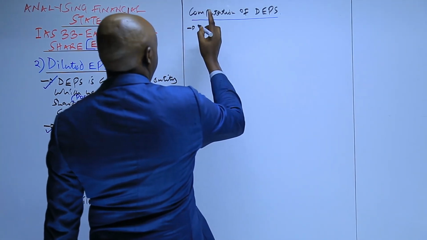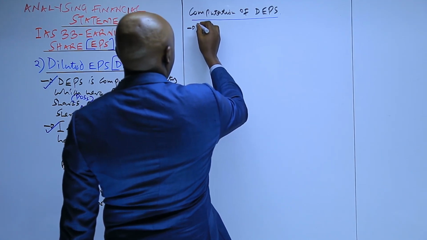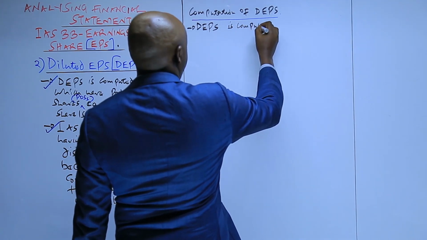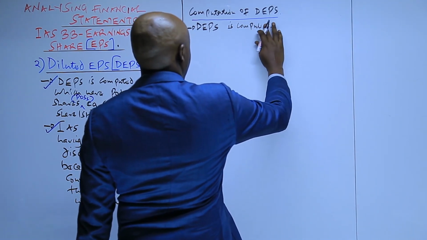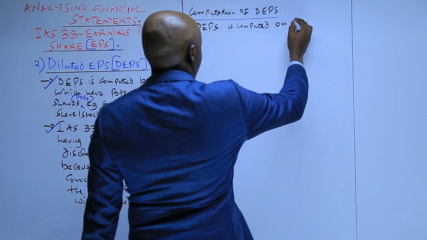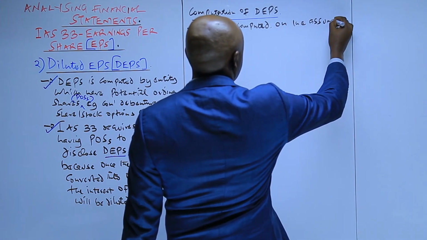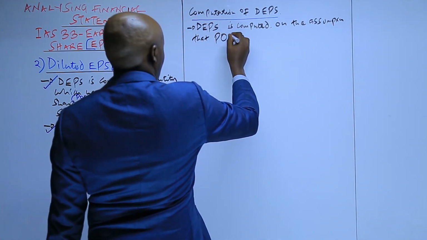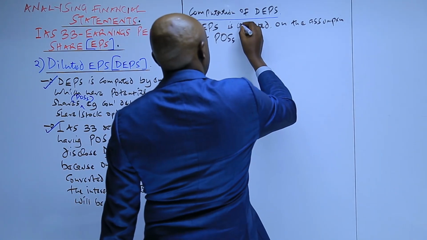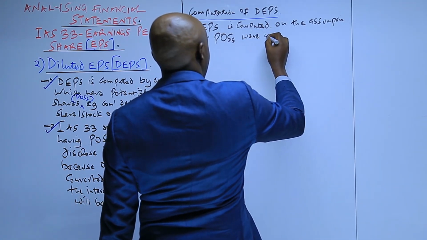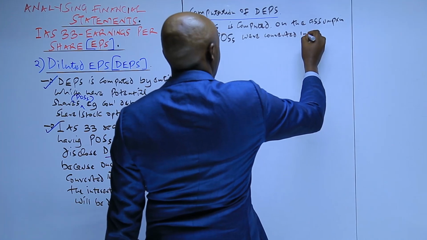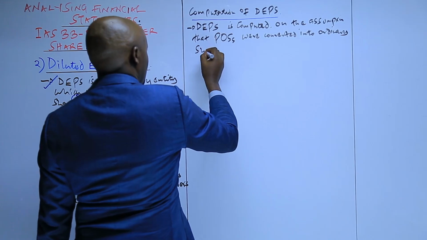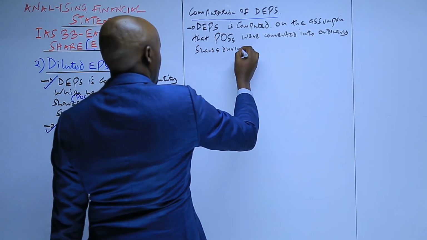So that is maybe the first important point we can say, that DEPS is computed on the assumption that potential ordinary shares were converted into ordinary shares during the current year.